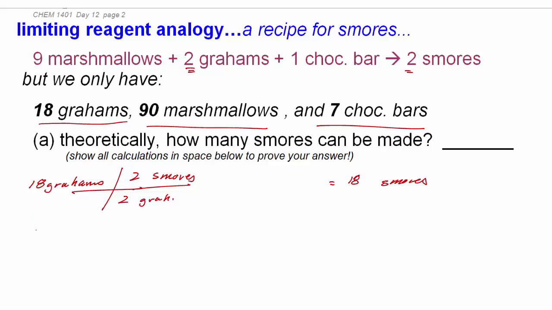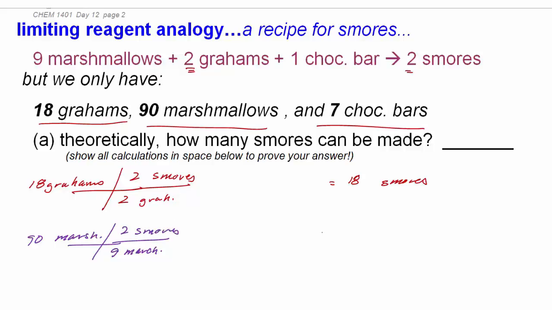If we had 90 marshmallows, how many s'mores can you get? Well, we have 9 marshmallows for every 2 s'mores.